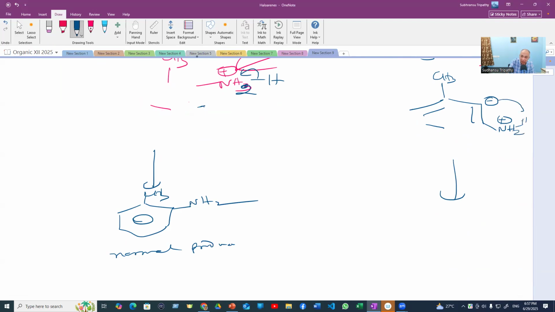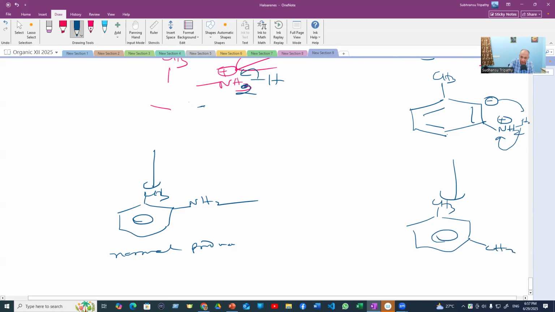And this, oh, I'm so sorry. This minus will abstract a proton and this plus charge will be neutralized to give you the cine product, or the substituted product where the nucleophile is attached one place adjacent with respect to the leaving group. So you get this plus this.